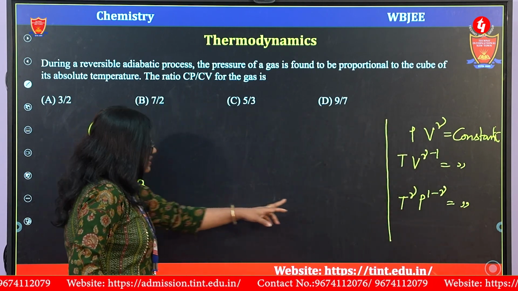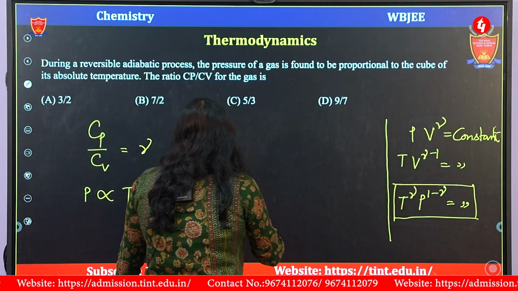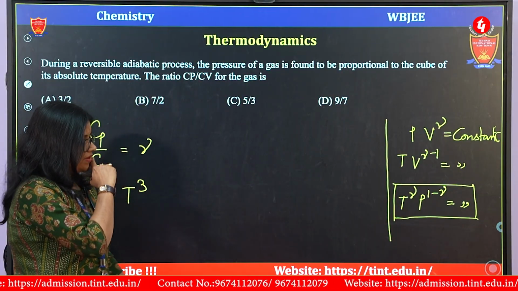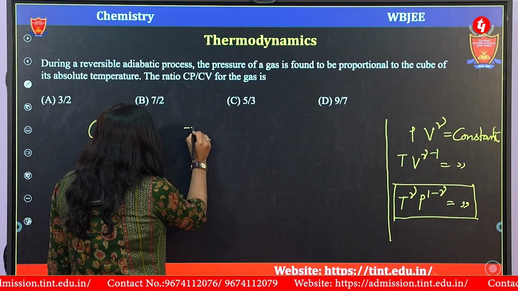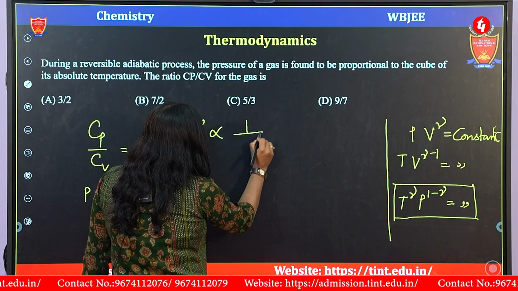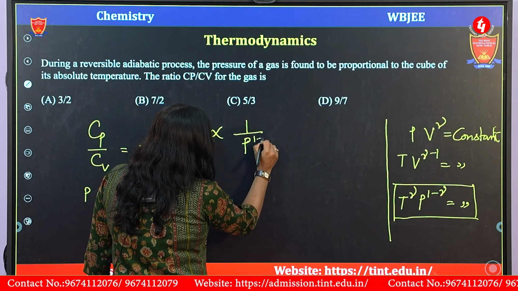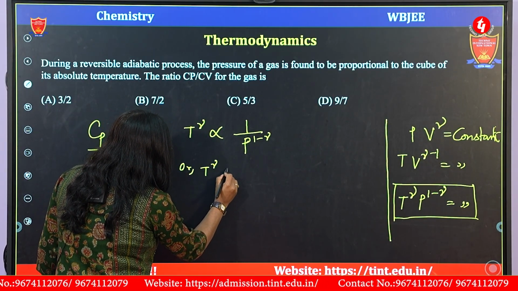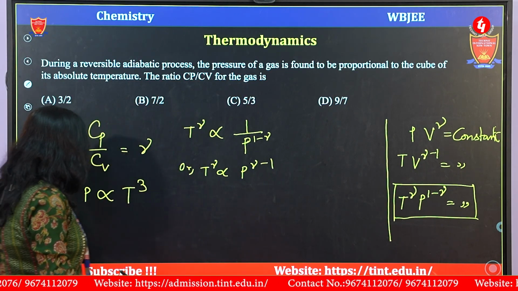Now, here we need this relation, T to the power gamma P to the power 1 minus gamma equal to constant. Also, we can write this equation as T to the power gamma is proportional to 1 by P to the power 1 minus gamma, or T to the power gamma is proportional to P to the power gamma minus 1.